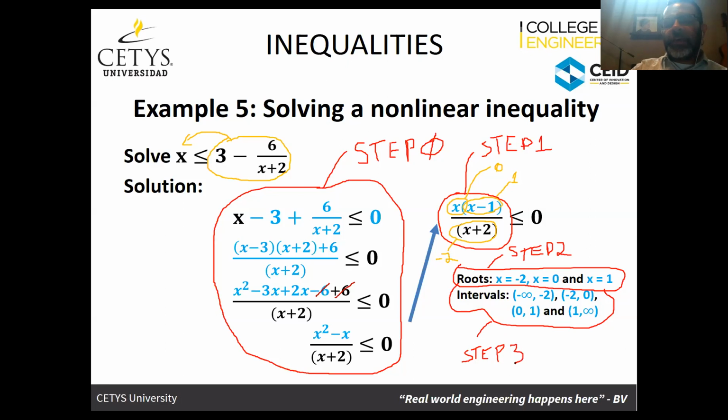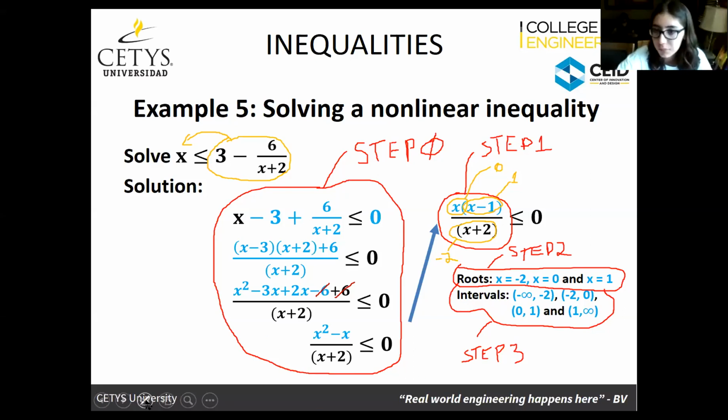Step 3. Let's see, Viviana. How many roots do we have? 3. And the 3 roots are in order. So it's minus 2, 0, and 1. So how do we establish the intervals? What are you looking at there, and how were the intervals set up? So the first one has to be minus infinity, and then the smaller number.